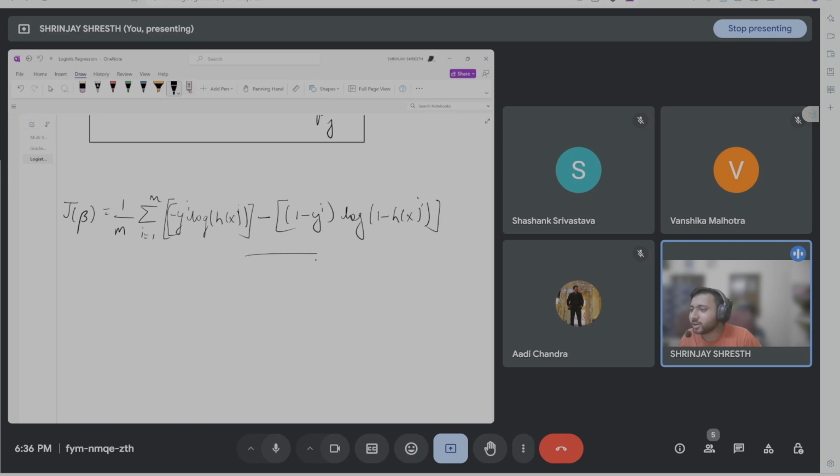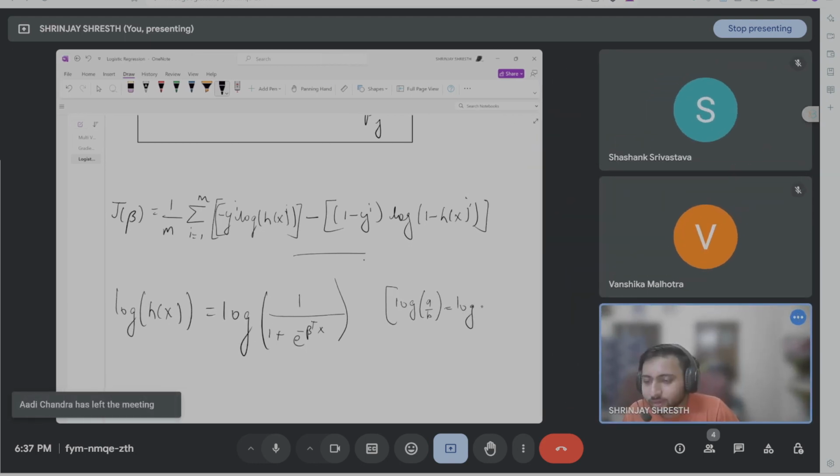So now here you see you have this log of h(x). Should we calculate what log of h(x) is? Log of h(x) is what? Log of 1 over 1 plus e raised to the power minus beta transpose x. If you remember logarithm, log of a by b is log of a minus log of b.